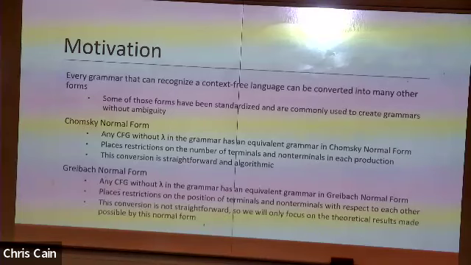The algorithm is not as straightforward, which is why it's not as frequently used as Chomsky normal form, but it will be an important result. I probably won't have any homework or exam questions on it, but it's important to understand so we can use it to derive another result.